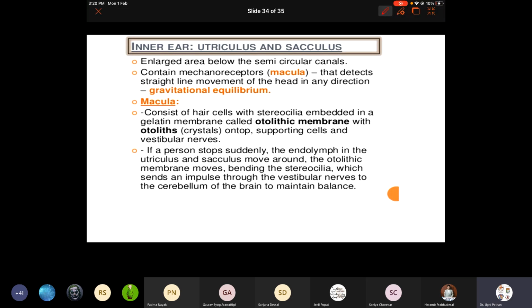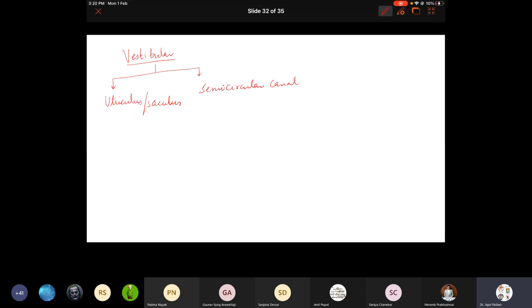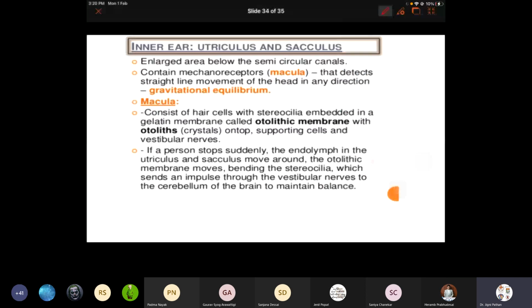The sensitive part of utriculus and sacculus is macula. It's an enlarged area below the semicircular canal, which consists of a mechanoreceptor called macula that detects the straight line movement of the head in any direction. It relates to gravitational equilibrium, which detects changes in any direction.